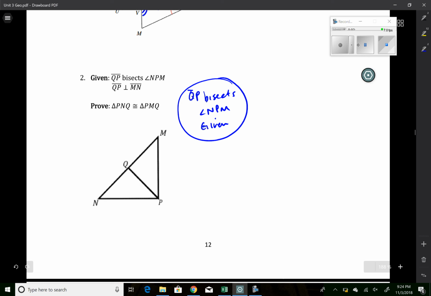So if QP bisects that angle, that means the angle is getting cut in half. NPM then gets cut into 2 congruent angles.